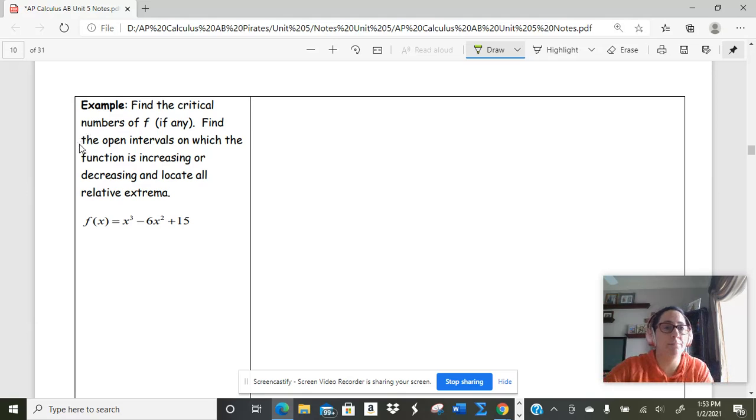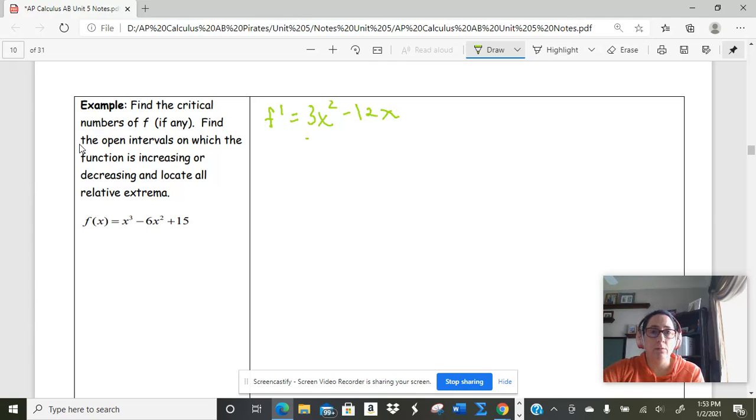So let's do one. It wants me to find where this function is increasing and decreasing, and then what the relative extrema are. And see, we do not have a closed interval. We've got to get a number line now. It's an open interval. So I'm going to take the first derivative. I'm going to set that equal to 0.